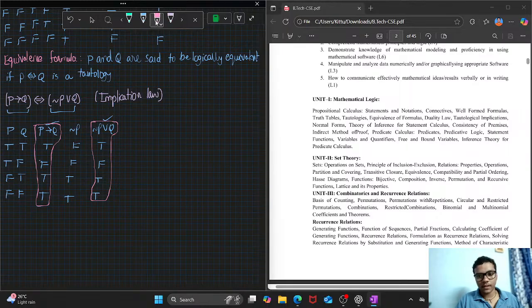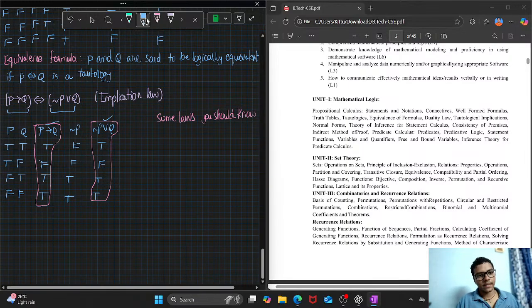So let us look at duality. Okay, before duality, there were some laws. Some laws you should know. So, okay, the names are pretty complicated here.